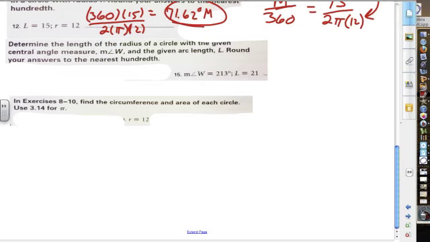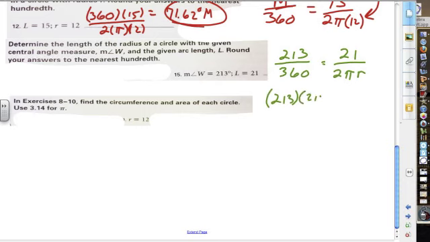Now, determine the length of a radius of a circle with the given central angle measure and the given arc length. Hey, now I know my L and my W, but I'm trying to find my R. So now I know that 213 over 360 has to equal 21 over 2 pi times R. Well, now I'm just solving the same proportion for R. So 213 times 2 pi R has to equal 21 times 360.